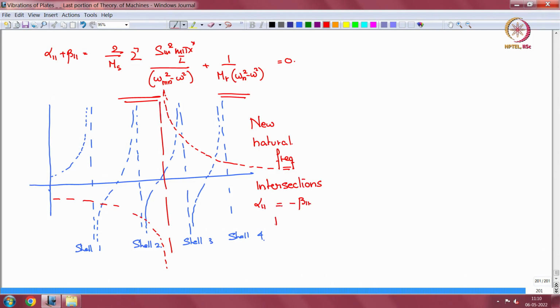Okay, that means the red and the blue lines. So, we have this is 1, this is 1, this is 1 and this is 1. Okay. So, now you can see the stiffening effect. So, you can see the effect of the ring.